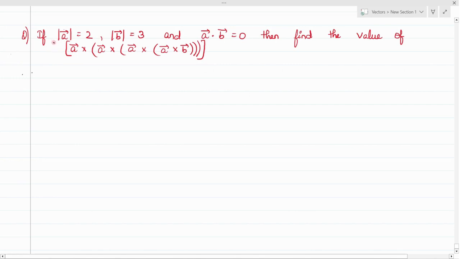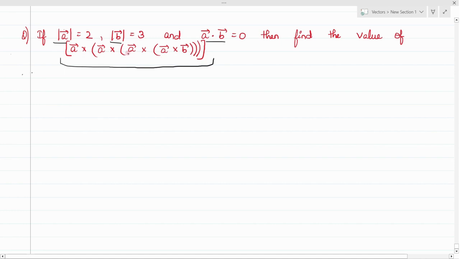In this question, the magnitudes of A and B are given, and it is told that A dot B is 0, and we need to find the value of this whole thing. It looks complicated, but it's very easy.